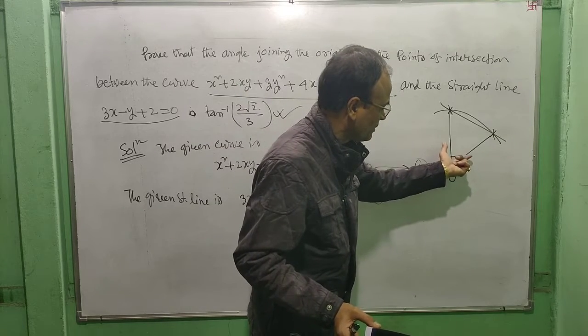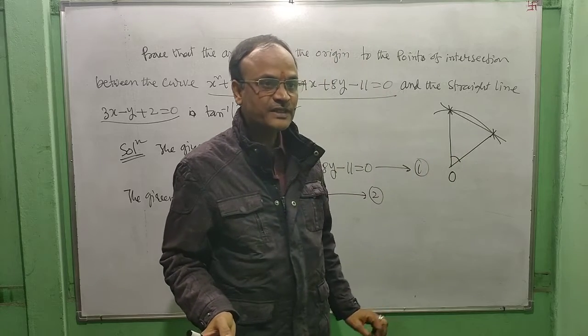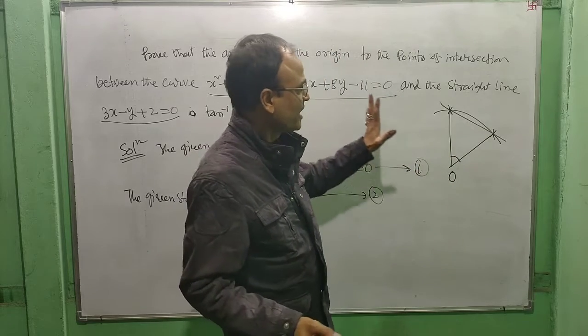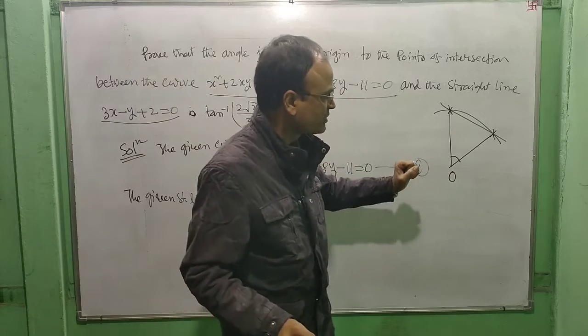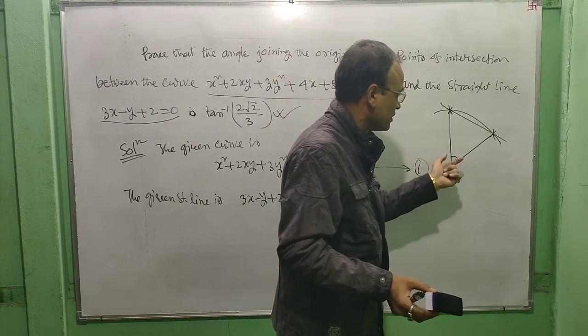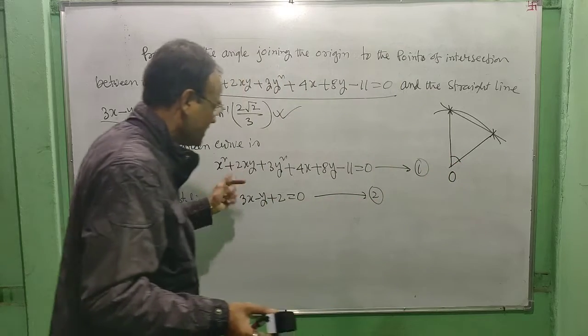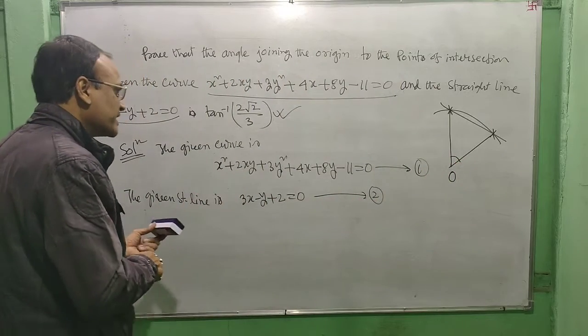Means there will be no term involving x, y alone and also no constant term. This equation must be a homogeneous equation of second degree.